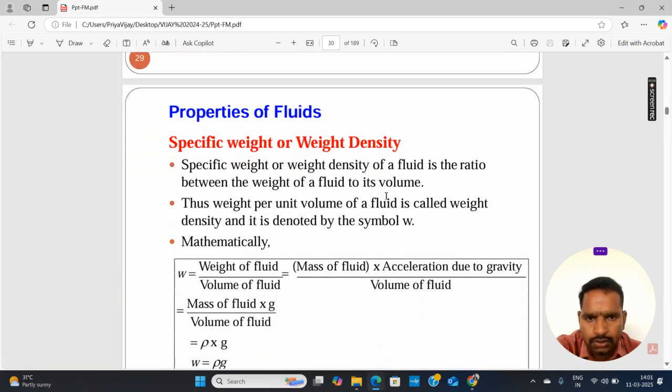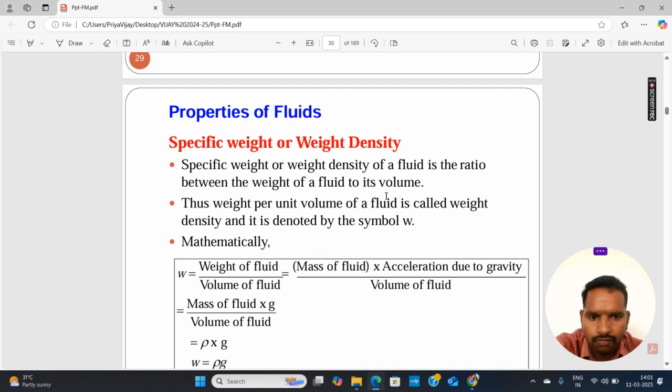Then the next property is specific weight, or weight density. It is defined as the ratio of the weight of the fluid to the volume of the fluid. We know that density is mass by volume, so the volume will be equal to mass divided by density.